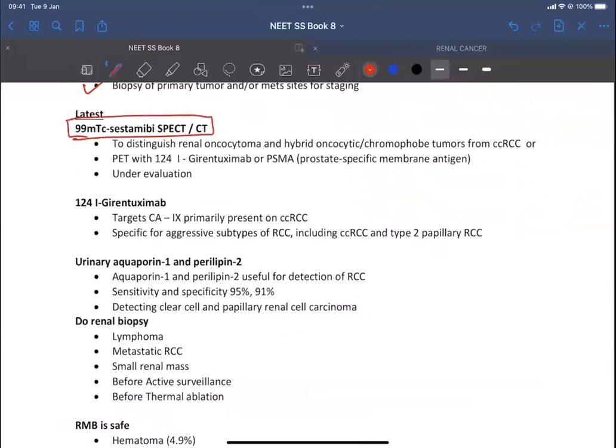A SPECT CT scan is now being studied for renal tumors. It's still not completely proven what protocol works with renal tumors, but it has been shown to be useful. This is a targeted scan that targets carbonic anhydrase 9, using girentuximab.